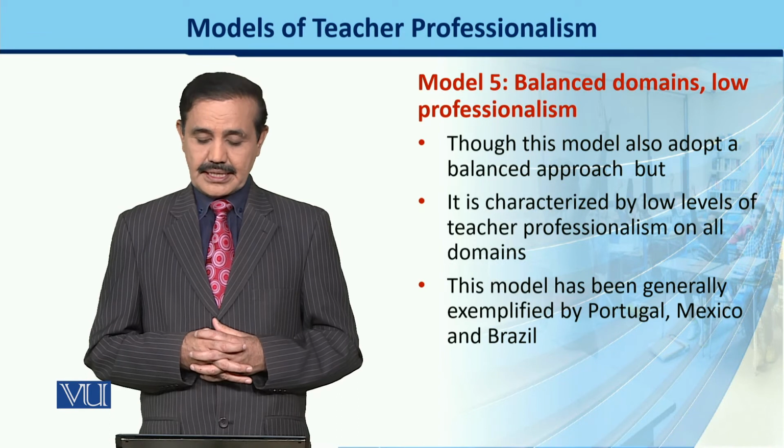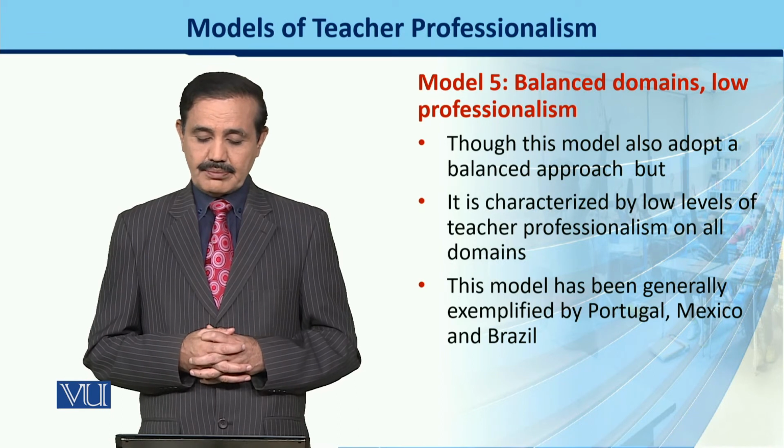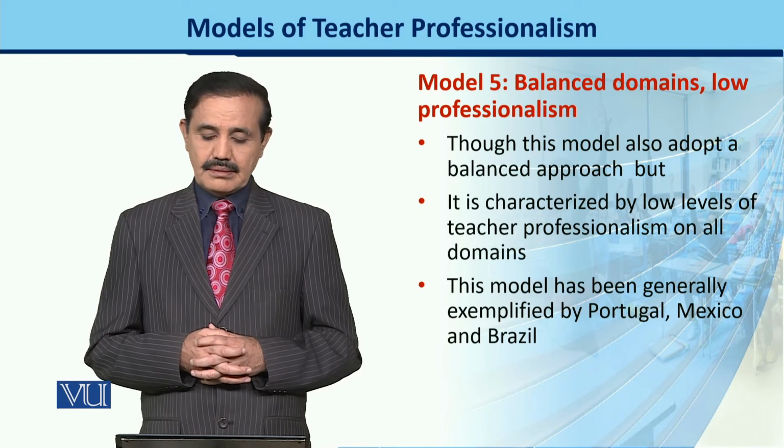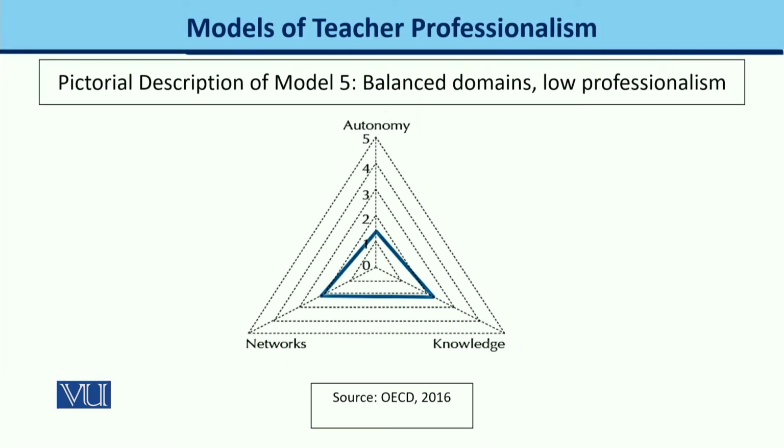This is basically exemplified by Portugal, Mexico, and Brazil. If you see the lower level, the previous one was also, but its range or dispersion was greater than this model. This is very close. It is from 0 to level 1. And the previous one was from level 3, level 2, and onward.